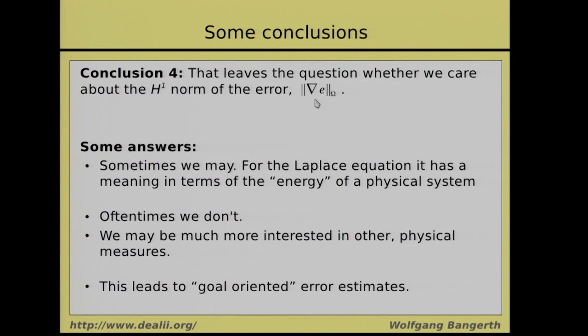Similarly, in electromagnetics, oftentimes the energy that is stored in something is proportional to the gradient of the electric field, the gradient of the magnetic field, these sort of things. So there is a physical reason why I would care about the gradient of the error, because it has physical meaning to the system under consideration.